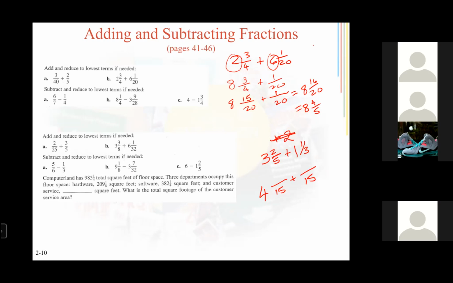What are we multiplying the 5 by at the denominator to get the 15 at the other denominator? Are we moving from 5 to 15? What are we multiplying by?